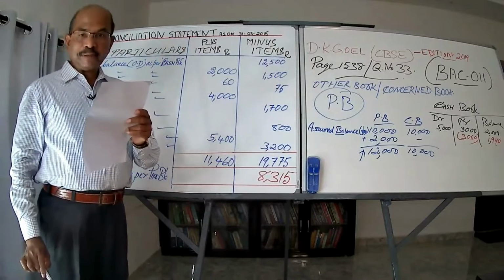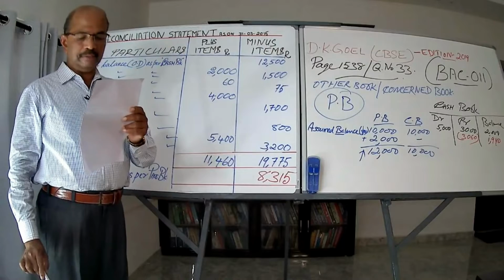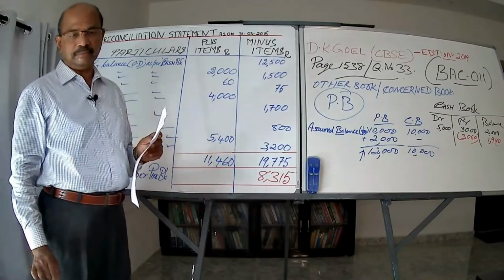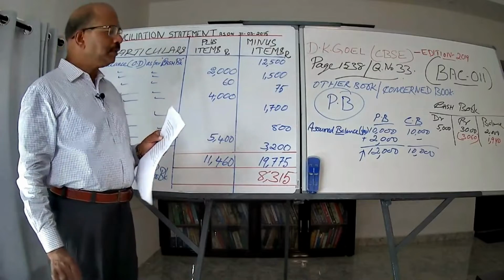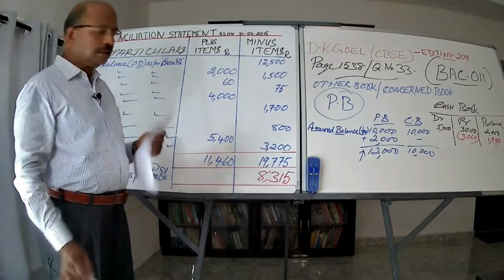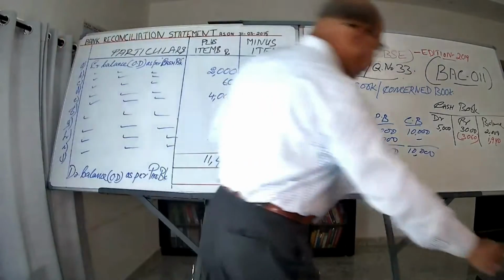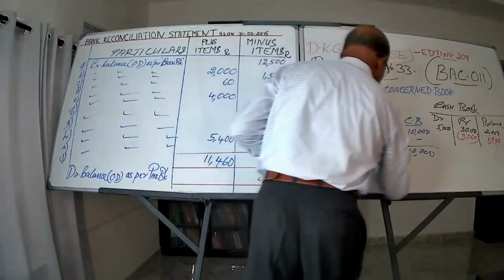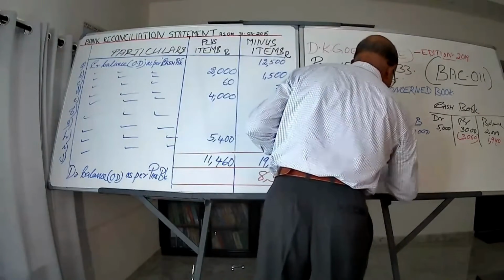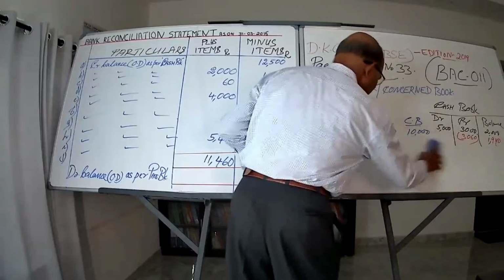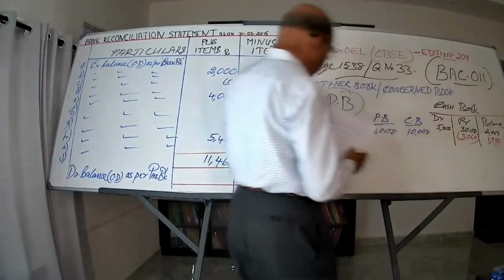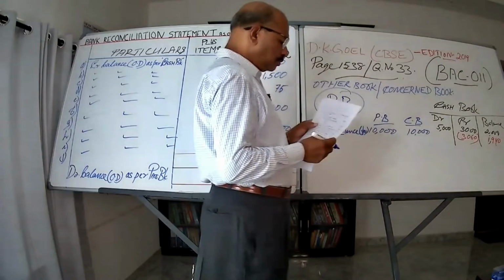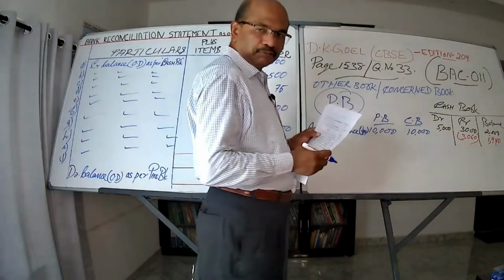Next one. Check received but not sent to bank, 1,500. It's very easy, in fact, but since you're beginners, better I explain to you the proper way.